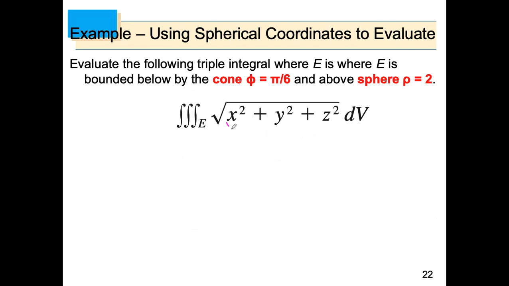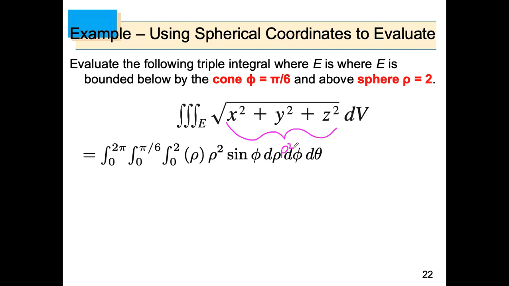We all know that x squared plus y squared plus z squared is rho squared. So obviously taking the square root of that is just simply going to give me rho. So notice how here my integrand becomes rho. Okay? So that's the first easy part.